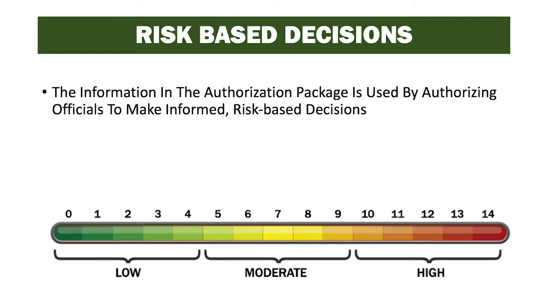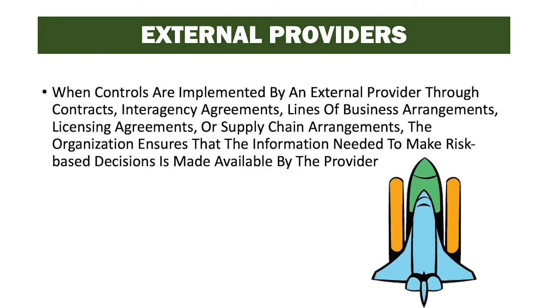The information in the authorization package is used by the authorizing official to make informed risk-based decisions. So it's important that the documentation in the authorization packages is as up to date as possible and, of course, as truthful as possible.